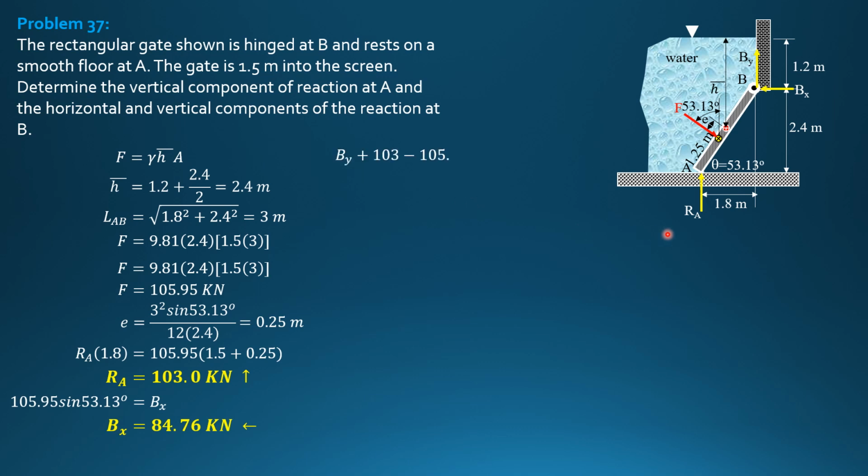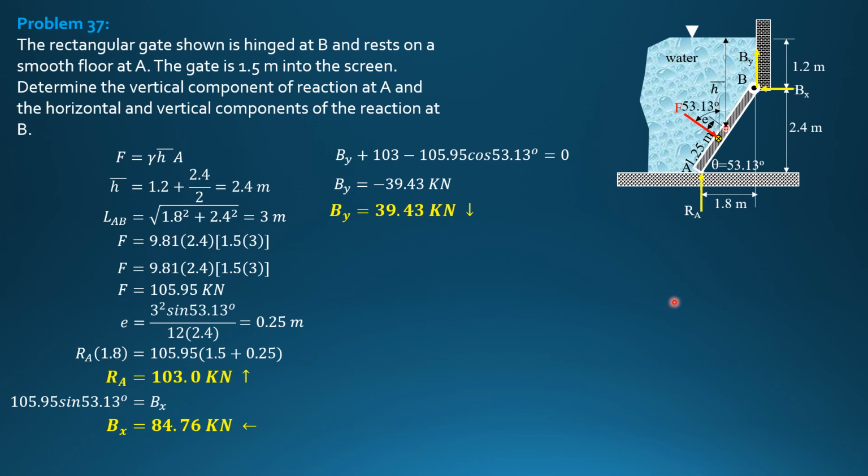By plus RA 103 minus 105.95 cosine of 53.13 degrees, the component of F which is downward, equals 0. So By is equal to negative 39.43. So meaning to say By is 39.43 kilonewtons downward.